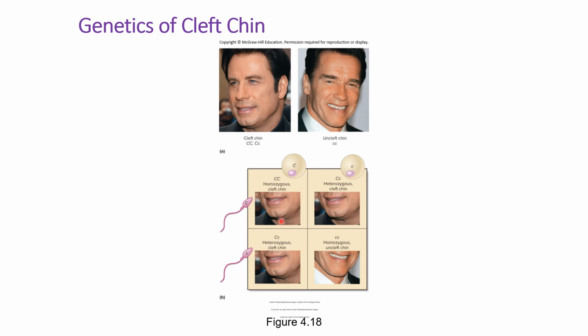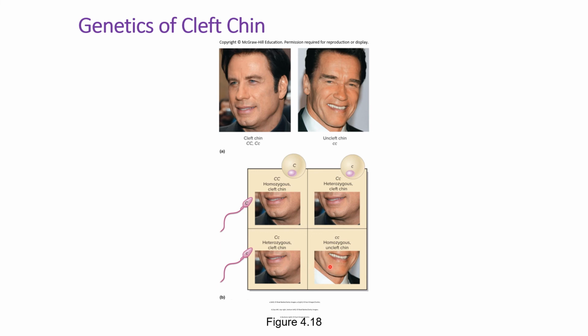Because if you look here in the capital C situation, he's expressing it. If you look here at the capital C, lowercase c, we're heterozygous, but we're heterozygous dominant, meaning that it will be expressed because there is a capital C here. We do have a dominant allele. The dominant allele, remember, is always the one that's expressed.